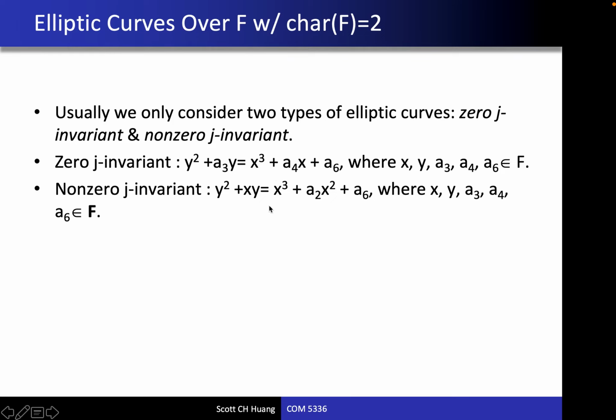For non-zero J invariant, you have a cross term. In that case, we don't need another parameter for that. We can fix that one, and then we just change A2 and A6. So we only need to handle two parameters.